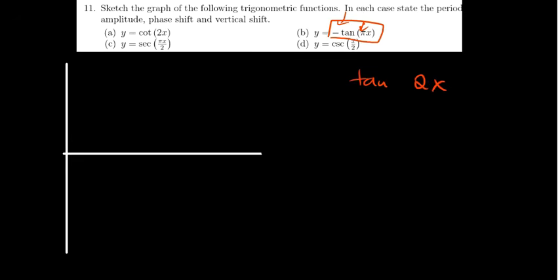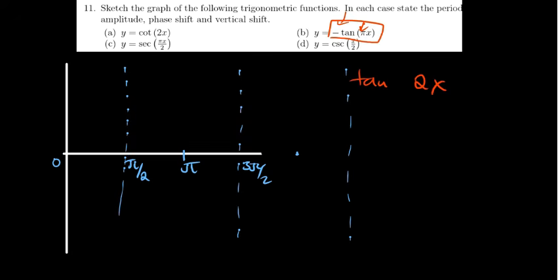How do we sketch it? Remember the way we sketch the normal one is, let me show the asymptotes again. So remember, if that is 0, this is going to be pi over 2. We'll have pi in between, and then we'll have 3 pi over 2, and then we'll have 2 pi.